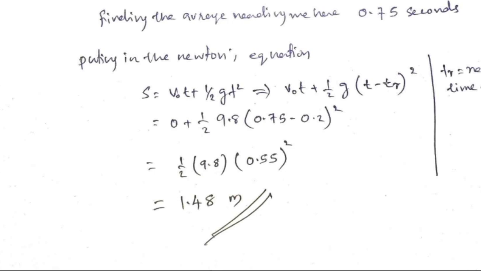Here the systematic errors can be neglected, but the error possibility is actually from human error, which we can reduce using the averaging method. Okay, that's the thing. And we just found the answer without using a tape. We'll have the answer is 1.48 meters.